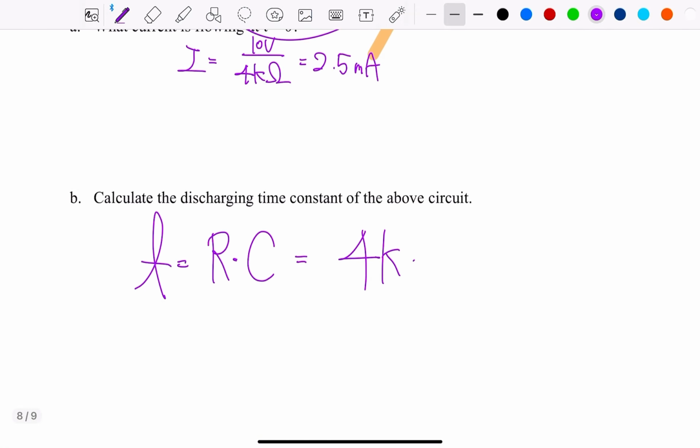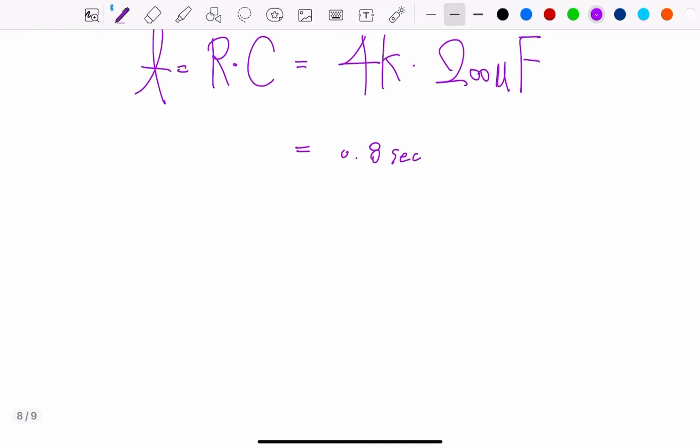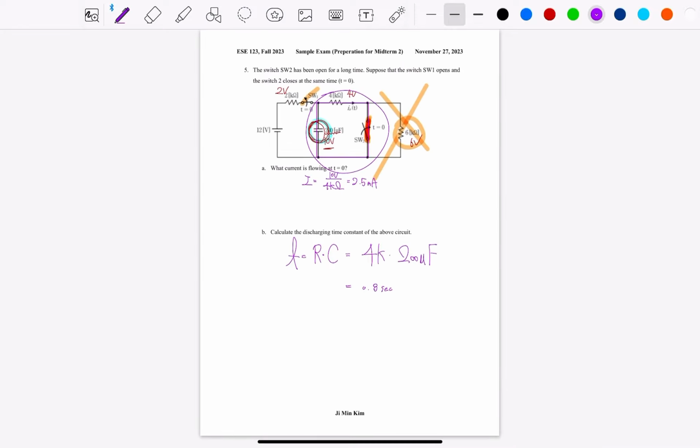C was 200 microfarad. And if you calculate this value, it will be 0.8 second. Good? Okay. The explanation of the capacitor is over.